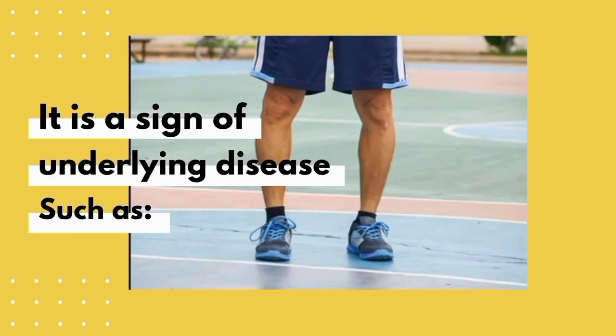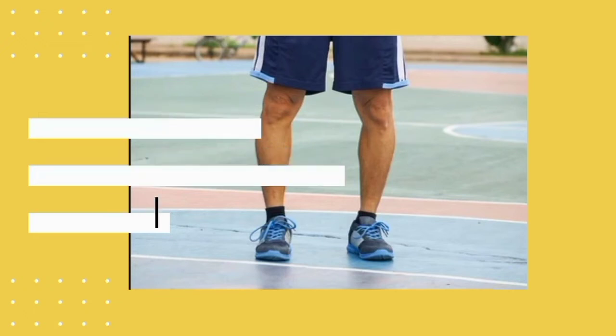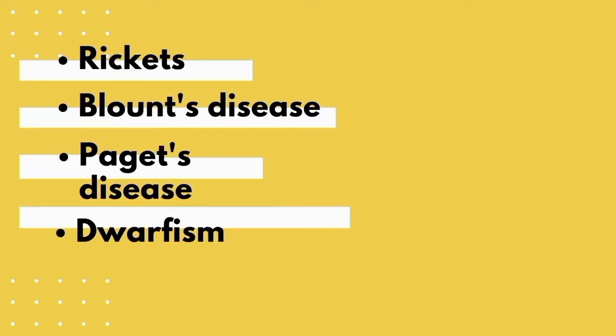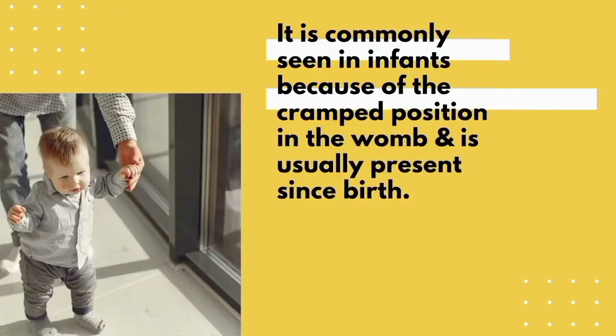Some of the causes of bow leg are rickets, which is a deficiency in vitamin D, Blount's disease, which makes the bone curve outward, Paget's disease, dwarfism, abnormal bone development, which is also known as bone dysplasia, and so on and so forth. The bow leg in children is a result of the position that the child assumes in the womb before birth, but it straightens with time.